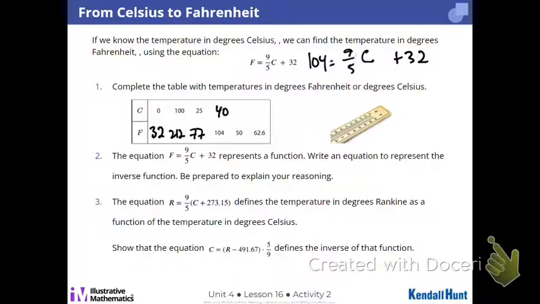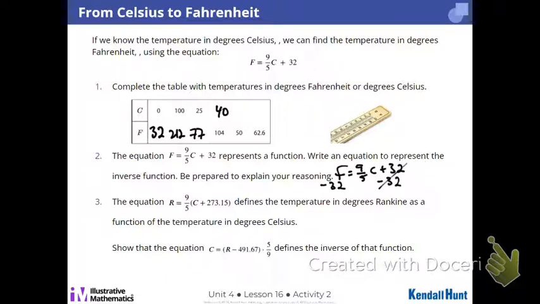But I propose that there's something easier. I actually would do the problem number 2 before I went after these. Let me show you why. What I would choose to do is take my function, F equals 9/5 C plus 32, and rewrite my function as the inverse. So I would subtract 32 from both sides, which is what I did, right?